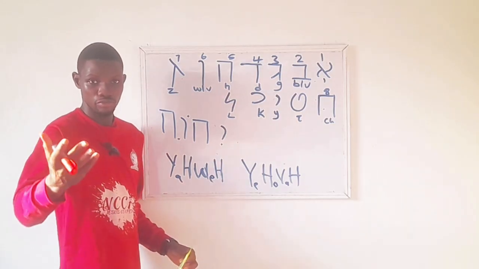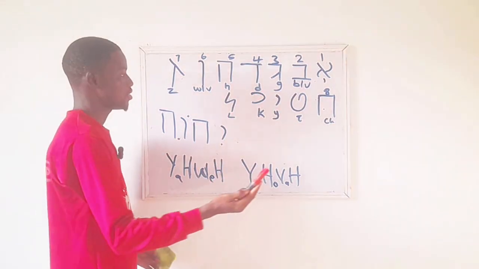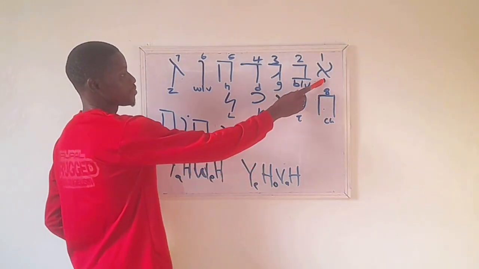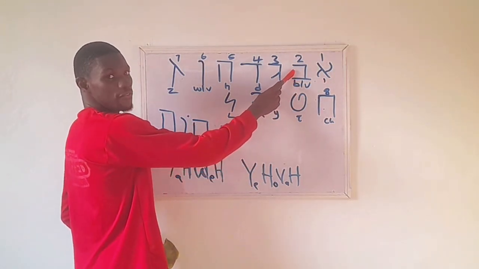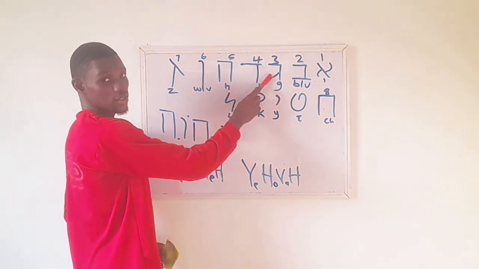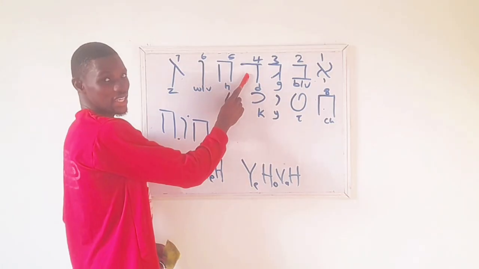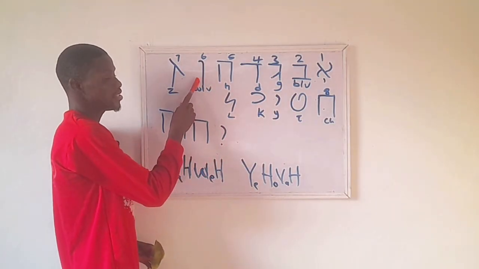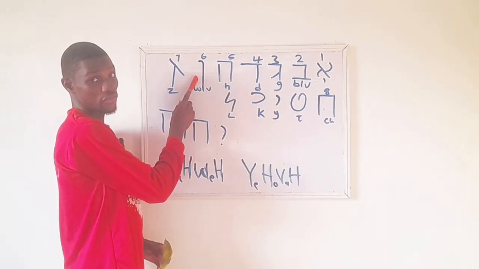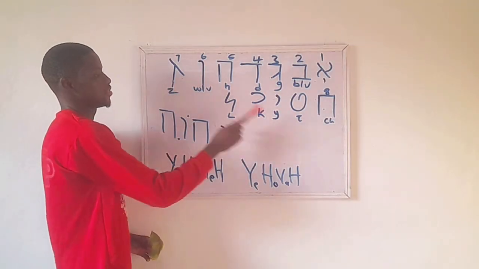Now let's go again. I would like you, as I'm pointing, to call it. All right. This is Aleph. This is Vet. This is Gimel. This is Dalet. This is Hey. This is Wow or Vav. This is Zain.